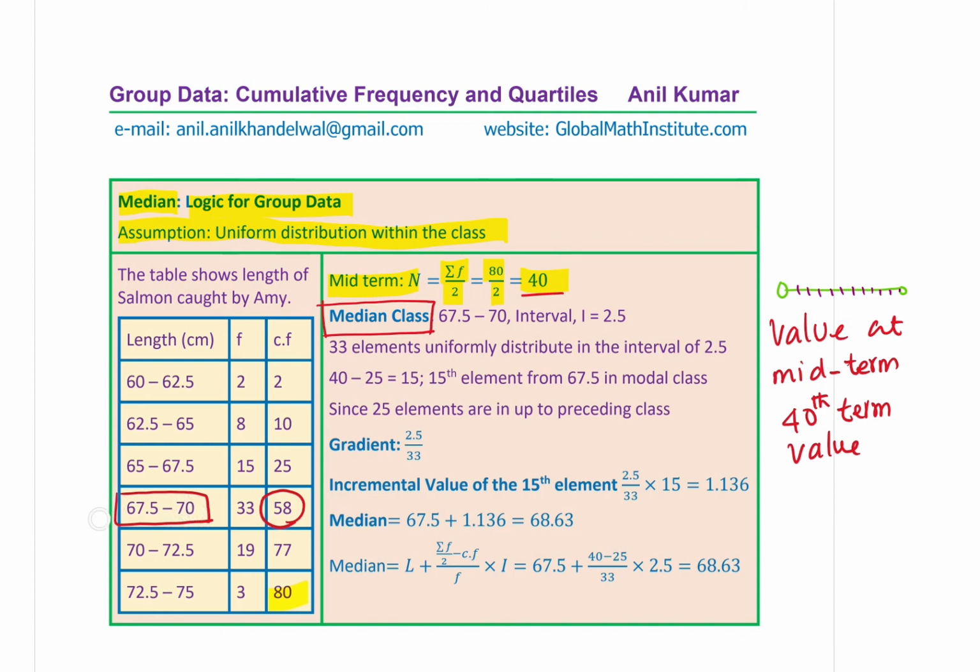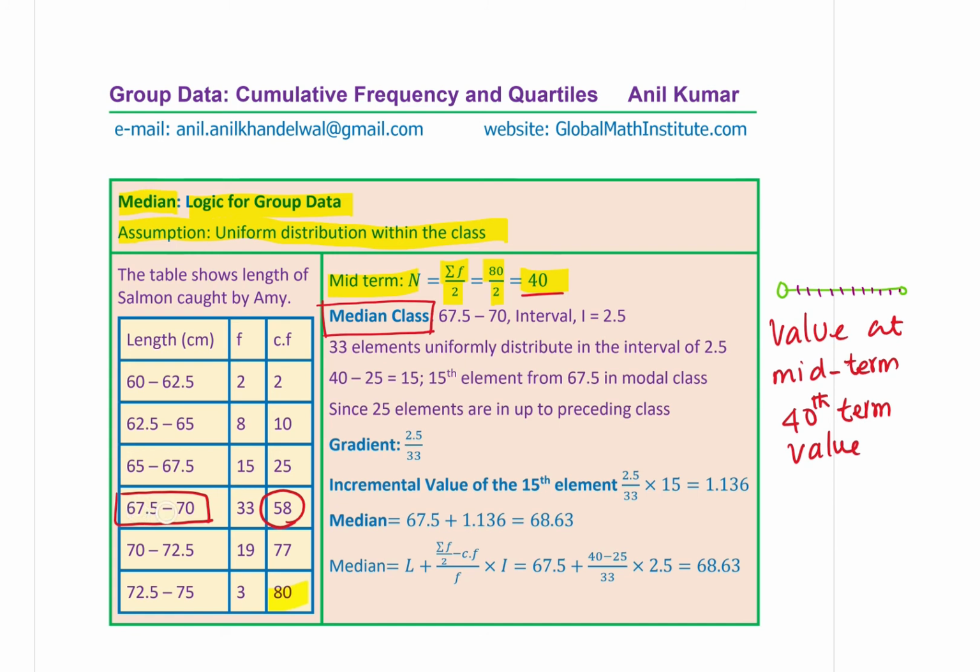So we know an interval within which the value for the median will be. Is that clear to you? Since we are assuming that it is uniformly distributed, we can find the rate at which the value increases within the interval and estimate fairly accurately.